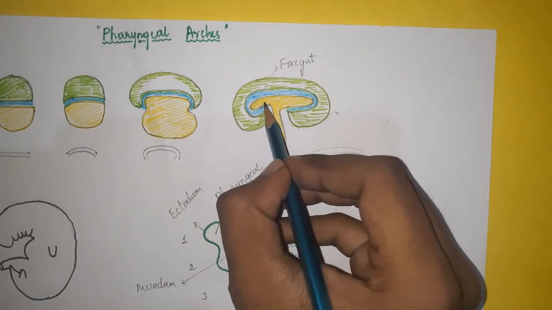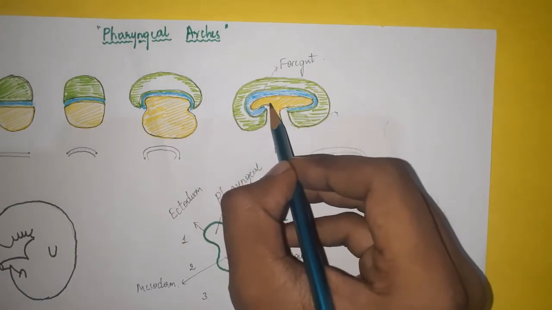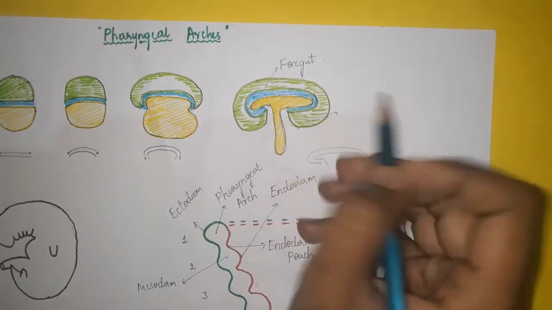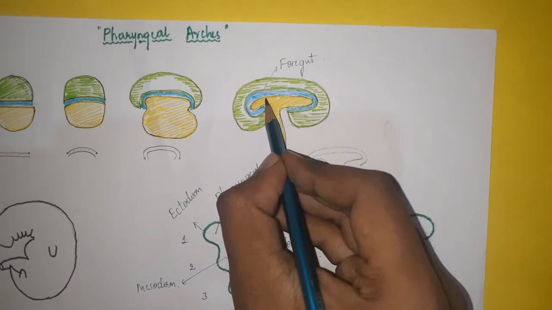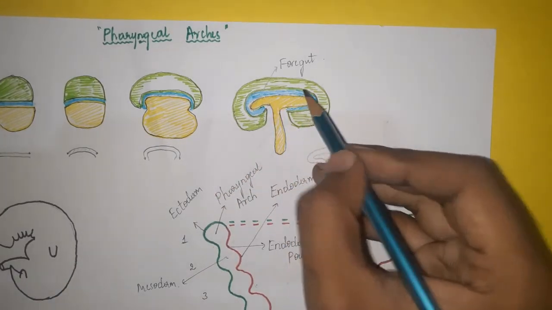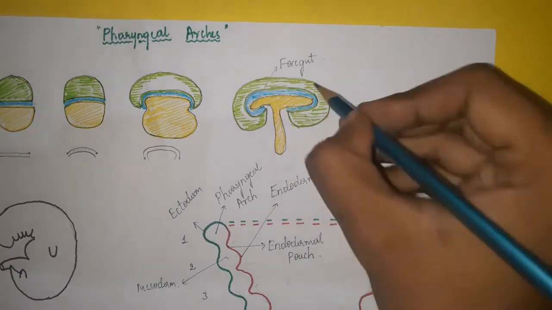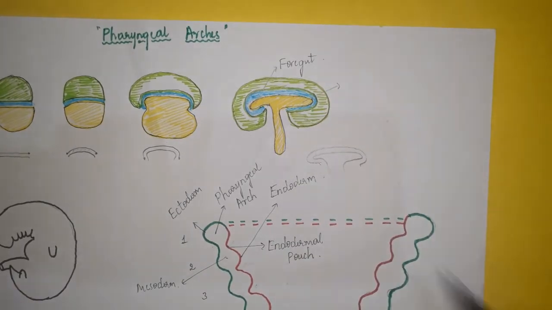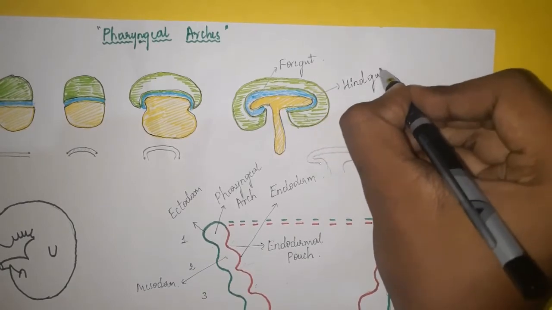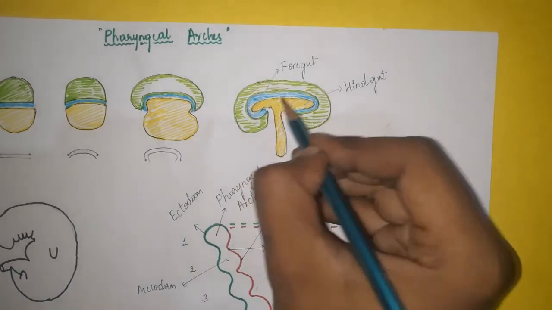The alimentary canal or gut is divided into three parts according to position. Okay, this is the cranial end, this is the caudal end. The anterior most part is the foregut, the middle part is the midgut, and the posterior part is the hindgut. Okay, this is hindgut, and this is midgut.